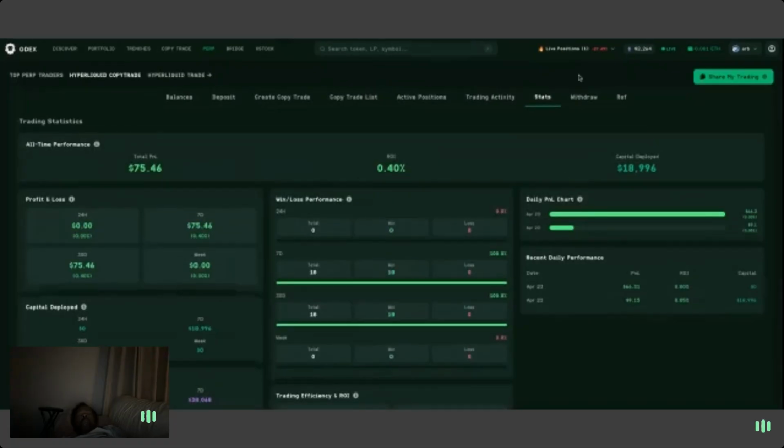Let me see if I can show you another wallet for a little more volume. Bear with me here.